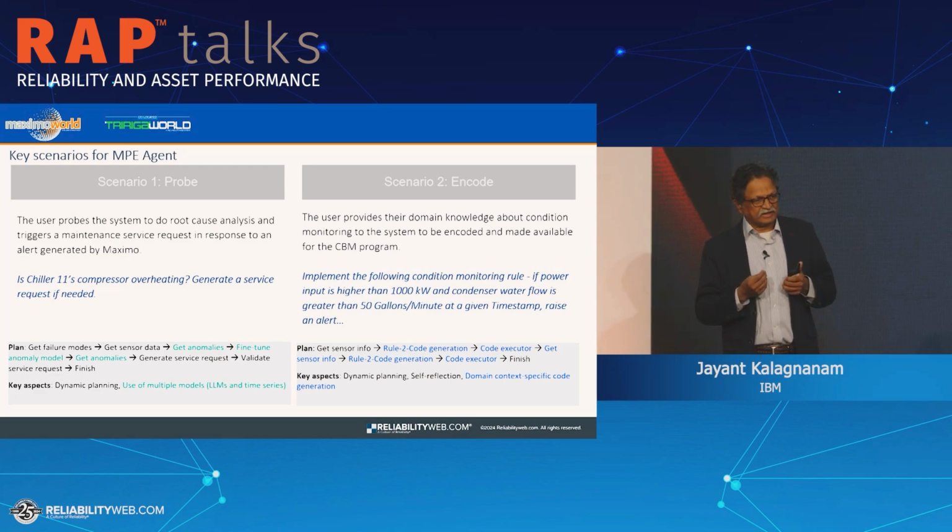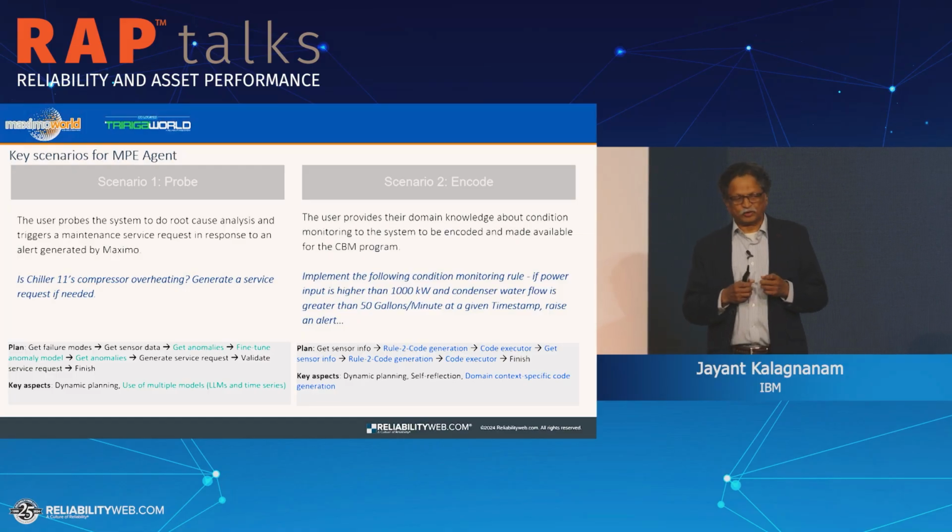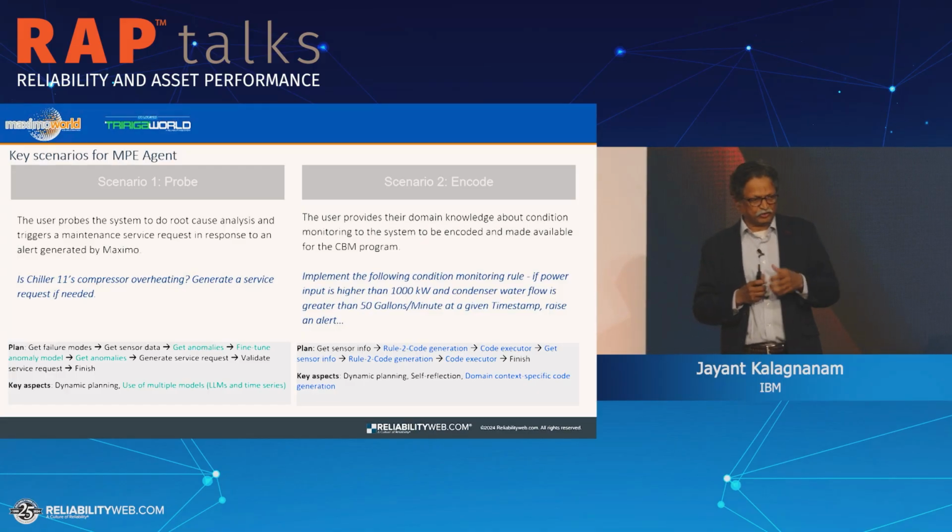Scenario one is really the ability for this agentic workflow to address questions like the one posed here. A particular chiller is overheating, that's the alarm or the alert that we get, say, from Maximo. So what we want to do is, do we need to generate a service request? And if needed, please go ahead and do it.